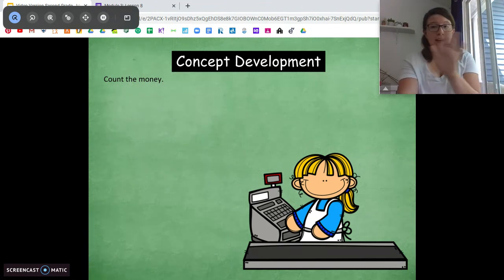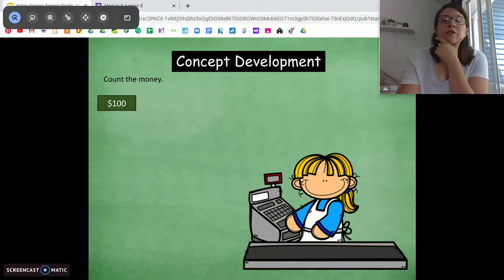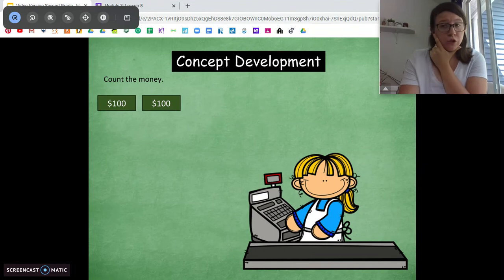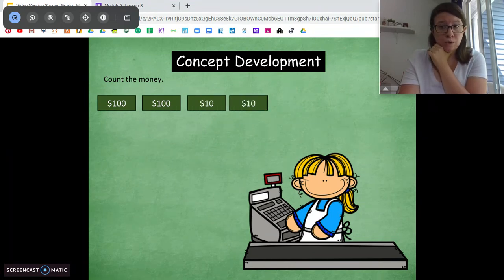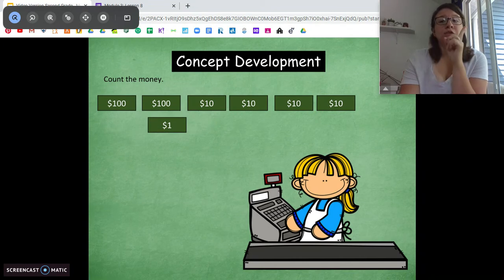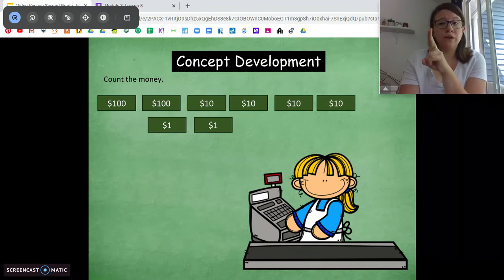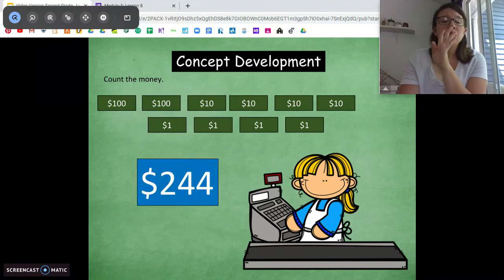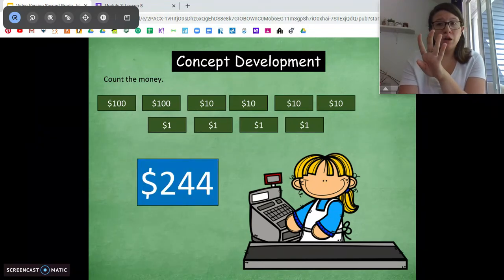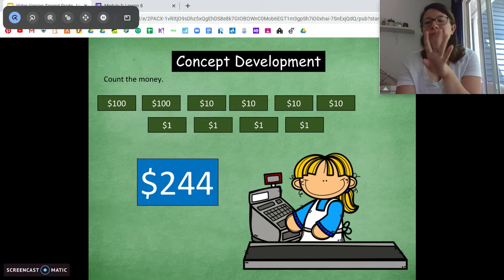All right, let's count this money. Here we go. Again, using the same strategies. Start with $100, $200, 210, 220, 230, 240, 241, 242, 243, 244. $244.